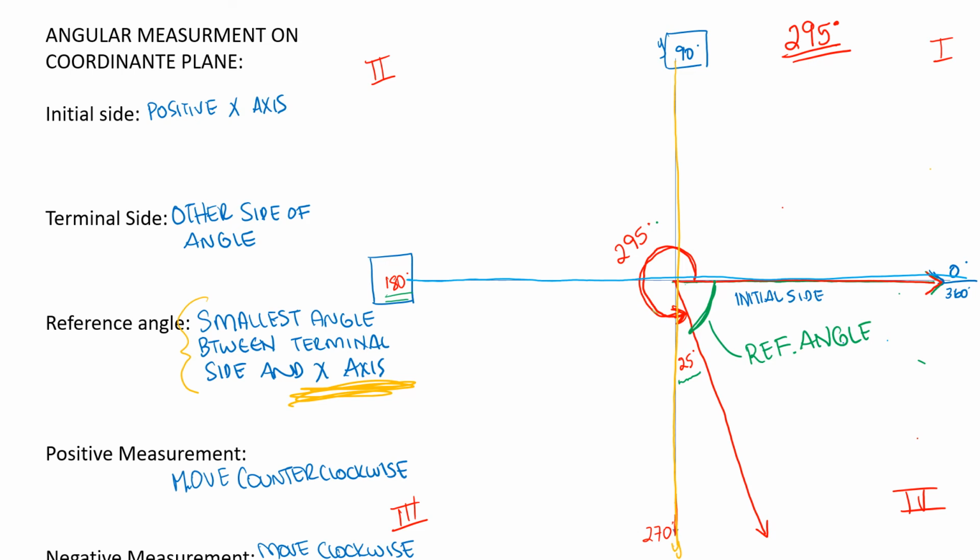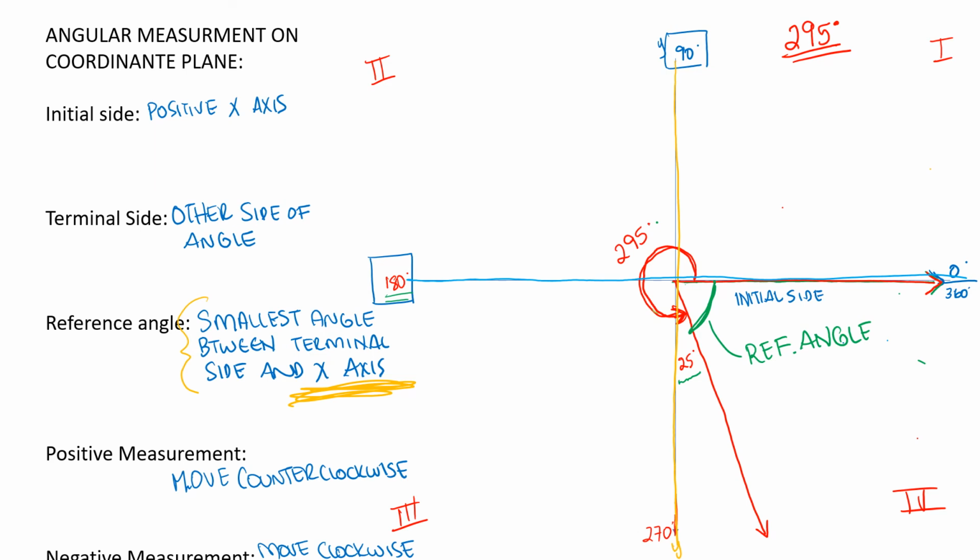Because I'm moving in a clockwise direction, that's what makes it negative. And you only went 20 degrees past. So my reference angle is 20 degrees.